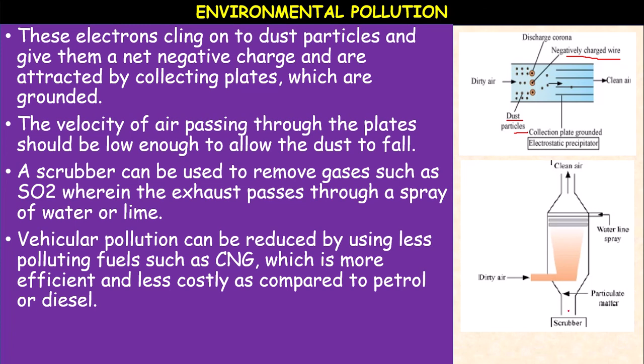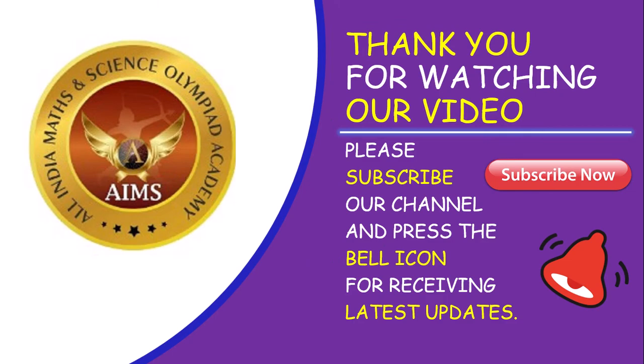And this is the scrubber. It filters the air and releases clean air. It has a water spray, the dirty air enters inside, the particulate matter settles down and the clean air is released out. Harmful gases like sulfur dioxide can be removed by using these scrubbers.